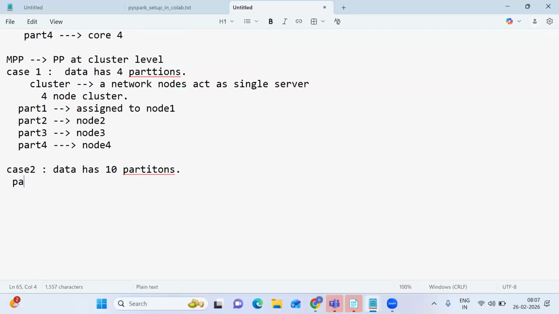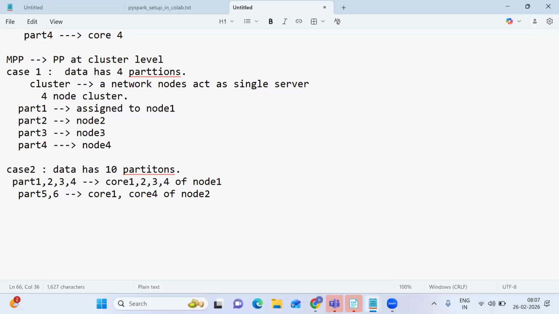Maybe partitions 1, 2, 3 go to node 1, cores 1, 2, 3, 4 of node 1. Let's say partitions 4, 5 and 6 go to cores of node 2. There is no guarantee of the order; it will take random.